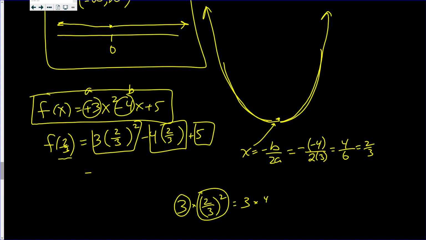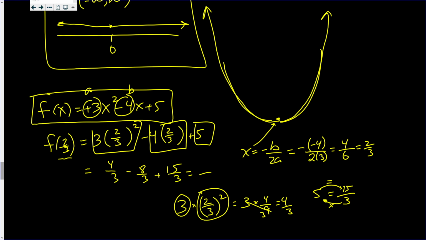The second number is 4 over 9. 3 goes into 9 3 times. We get 4/3. So it equals 4/3 minus 8/3. And I'll write 5 with the 3 in the bottom. 3 times 5 is 15, plus 15 over 3. Well, 15 plus 4 is 19, minus 8 is 11.